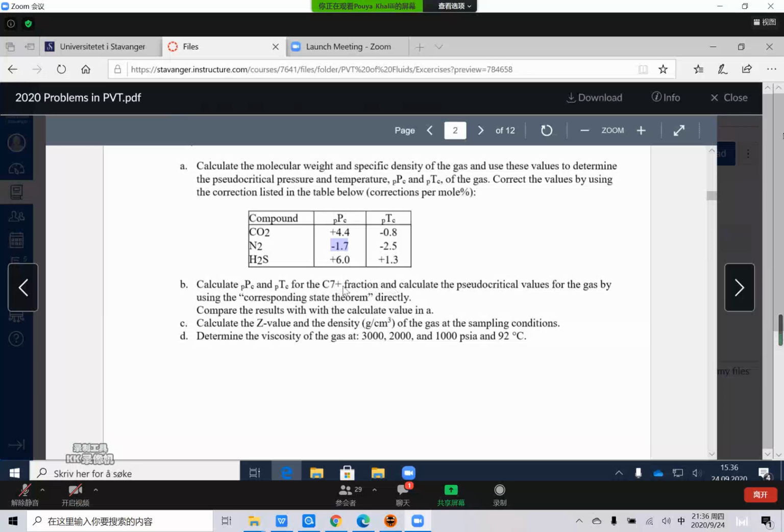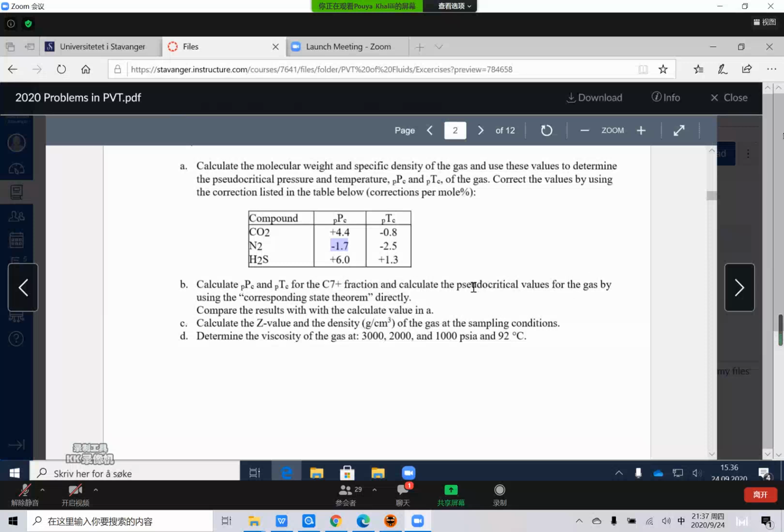I showed you in problem 1, so I don't want to show it again here. And then it says to calculate the pseudo-critical values for the gas by using the corresponding state theorem directly.